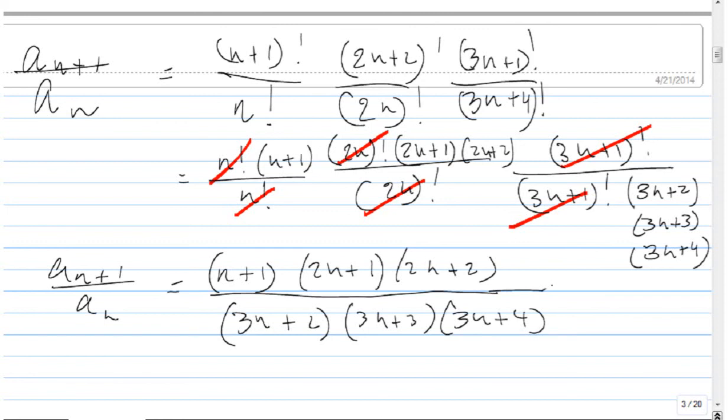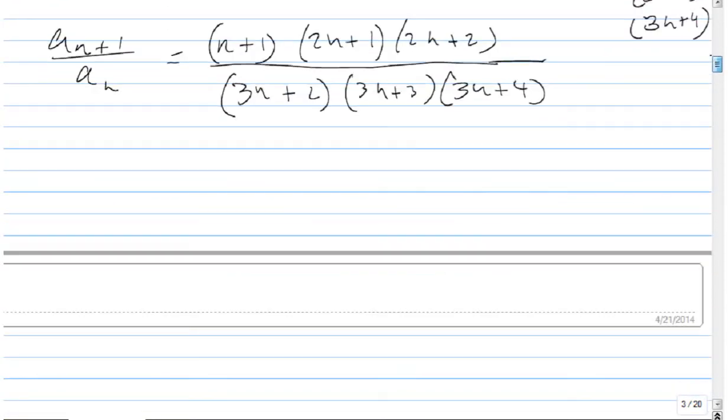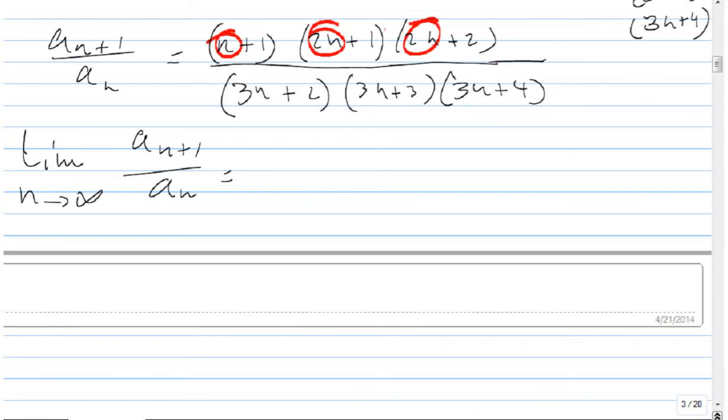So now we look for the limit, and since we're looking at the limit when n goes to infinity of a_(n+1) over a_n, what we do is only keep the highest power. So we keep n with 2n with 2n at the top, and 3n with 3n with 3n at the bottom, because this is a rational expression in powers of n.